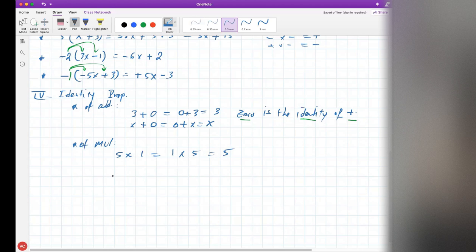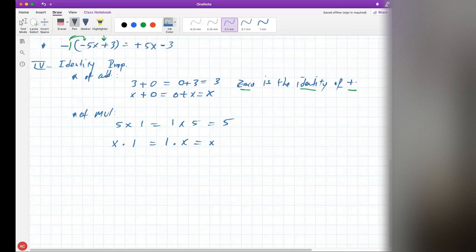It does not change. For any real number x, x times 1 is the same as 1 times x, which is x. Anything times 1 is itself.